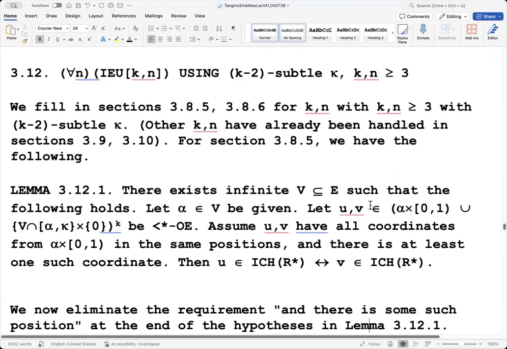Okay. And then there's a variant of this where, yeah. Okay, so then you can use this.